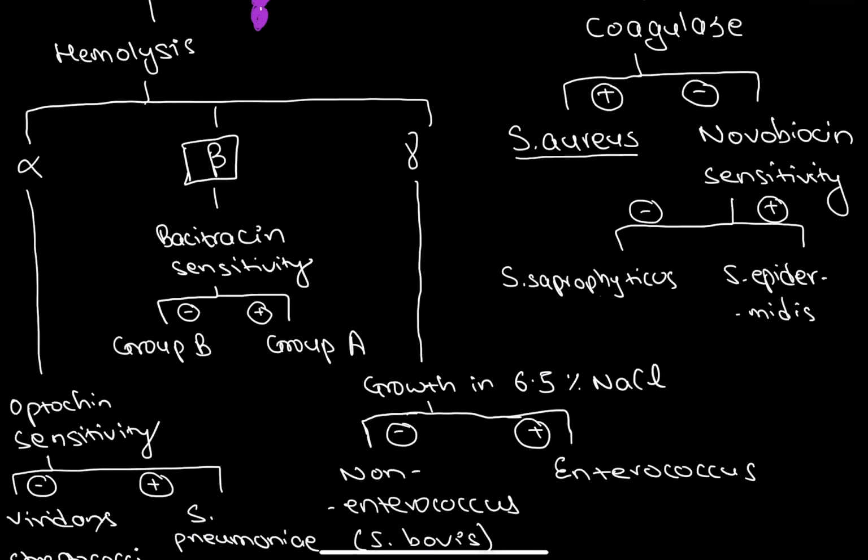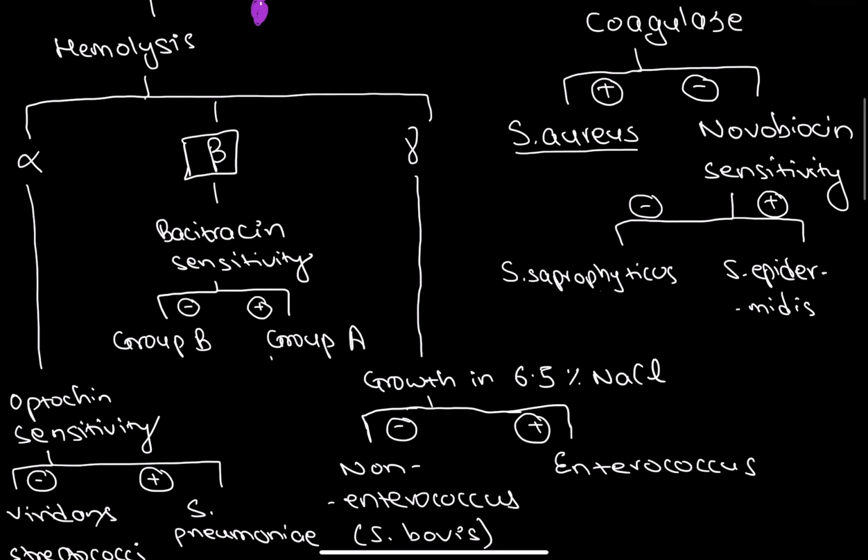If the organism is sensitive, then that is group A beta hemolytic streptococci, for example Streptococcus pyogenes. And if there is resistance to this antibiotic, then those organisms are group B hemolytic, for example Streptococcus agalactiae.